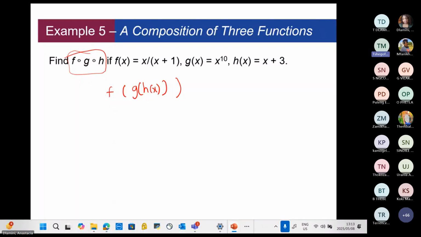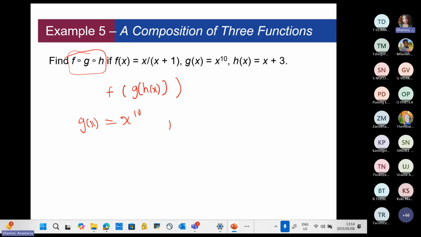Yes. So what we need now, do we know G of x? Yes, G of x is x to the power of 10. So what do we do with G of x? You put it inside f of x.